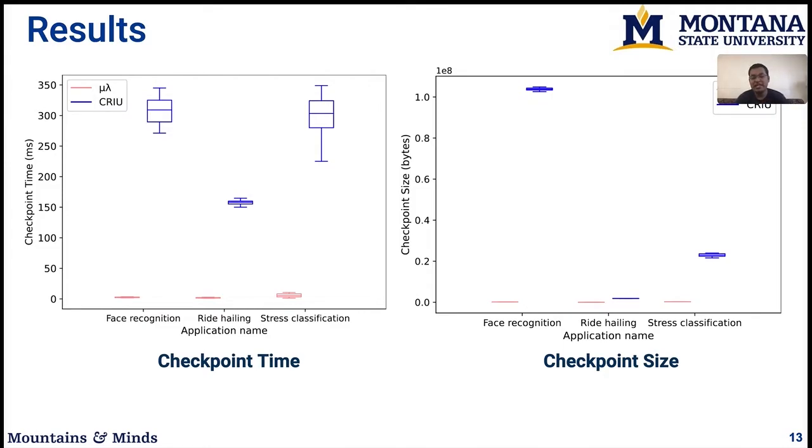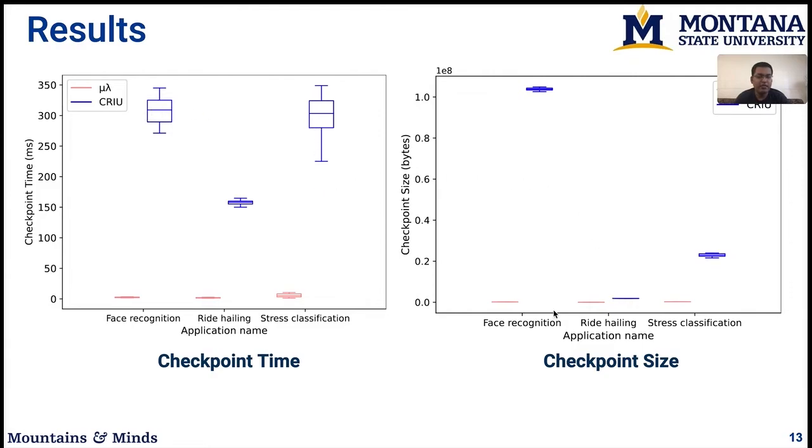On the x-axis we have the application information, and on the y-axis you can see checkpoint time and checkpoint size. For both figures, you can see that micro lambda performs very well, because it has a lower overhead compared with CRIU.